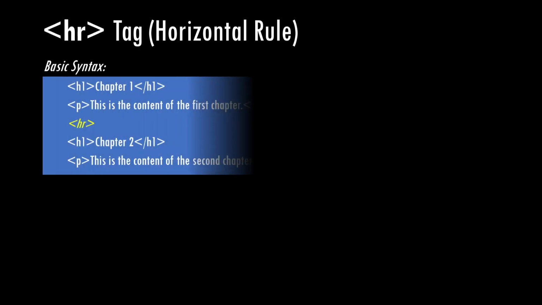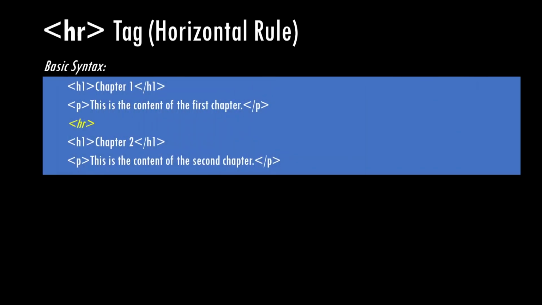HR tag or horizontal rule. The HR tag is used to insert a horizontal line which can be used to separate sections of content visually. To visually separate sections of content, you might use an HR tag. Here is the basic syntax.